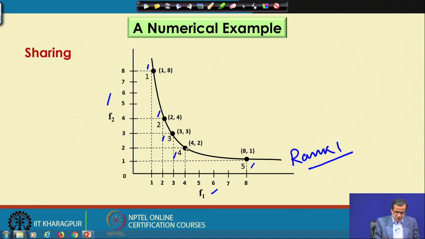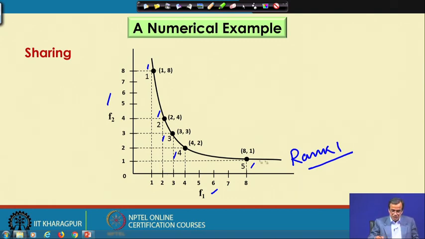That means, corresponding to solution 4, the value of f1 is 4 and the value of f2 is 2, and this is denoted by (4, 2). Similarly, I can find out the coordinates of all such points, and the coordinate of a particular point indicates how much is f1 and how much is f2.